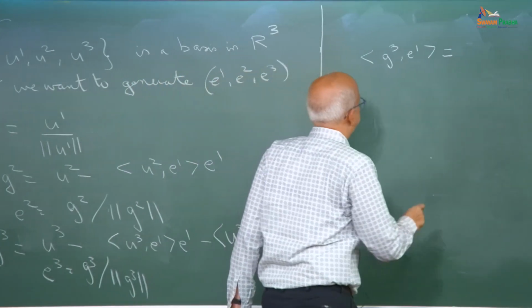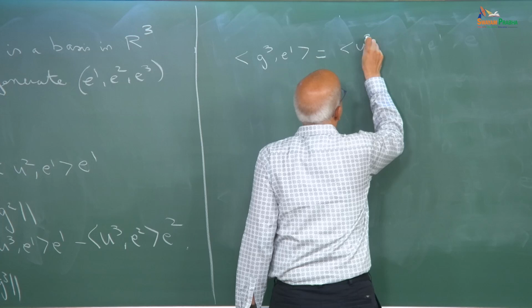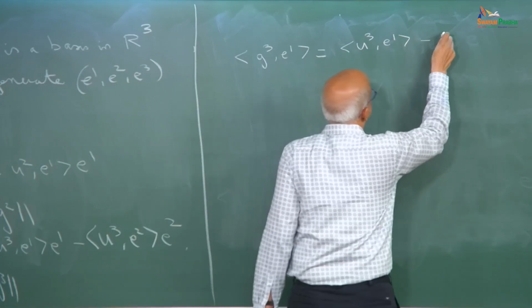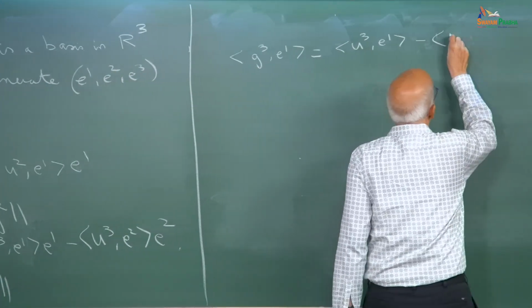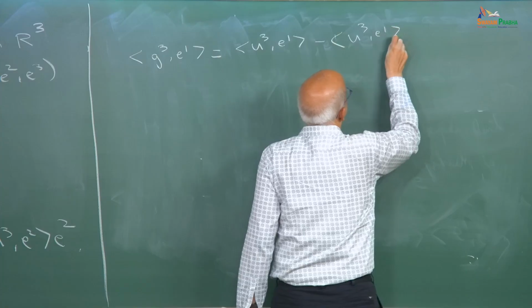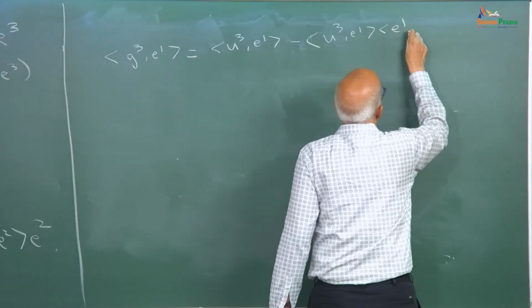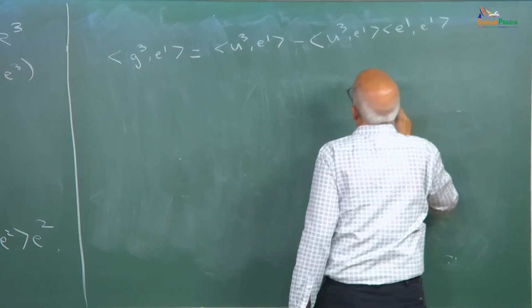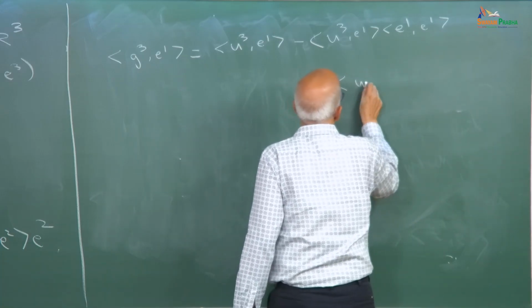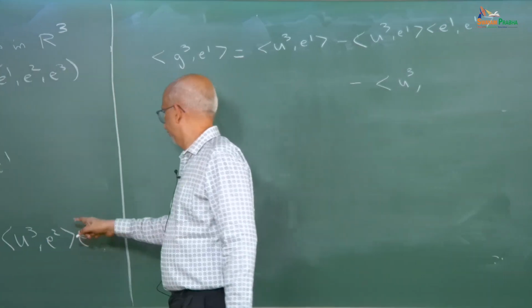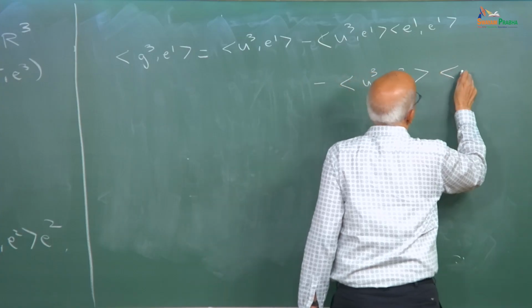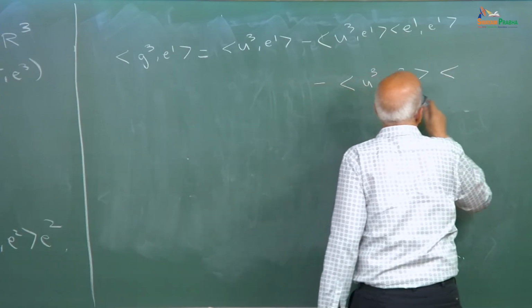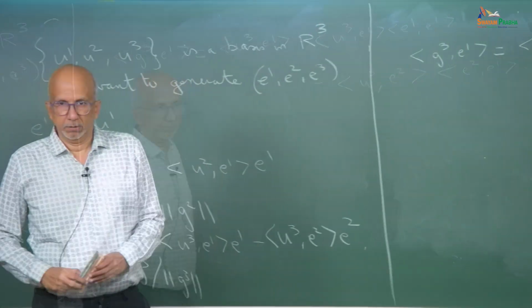It is inner product of U3 with E1 minus, this is a scalar which is coming out, U3 with E1 times inner product of E1 with E1, minus U3 with E2 times inner product of E2 with E1.